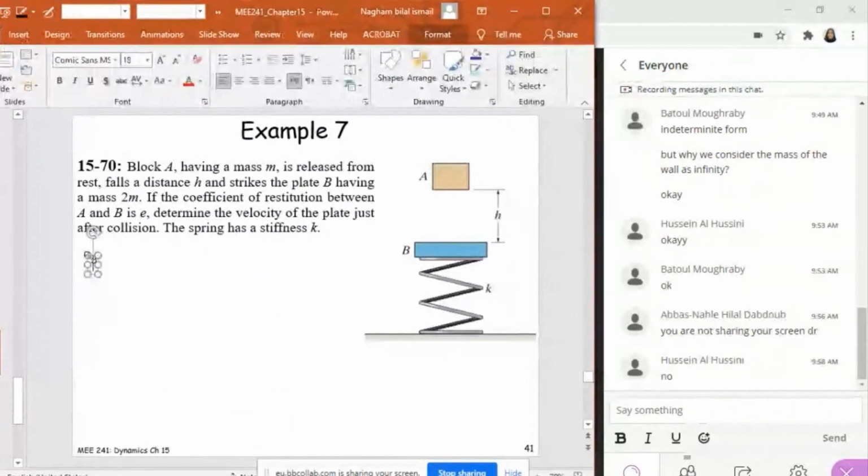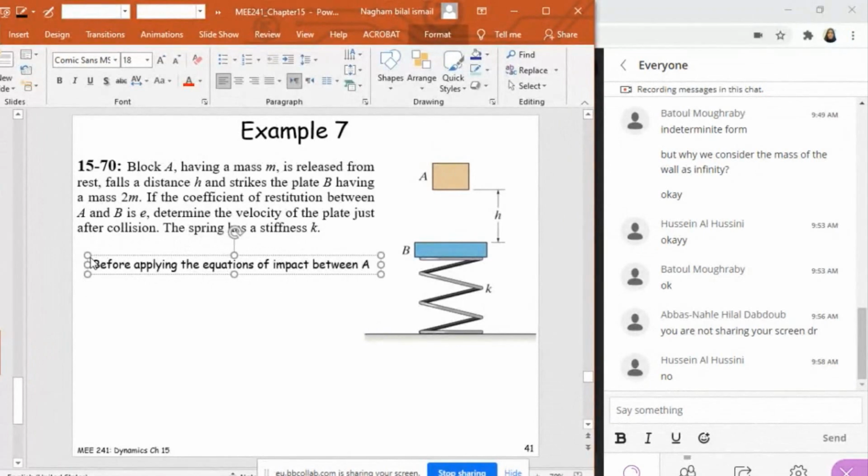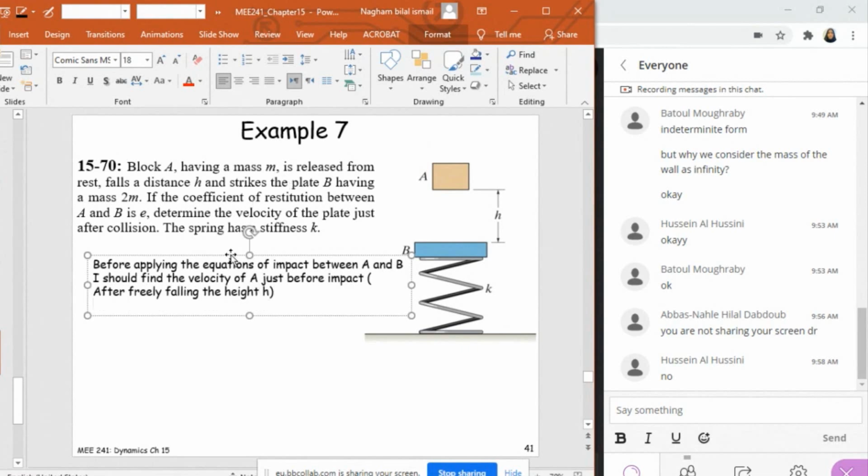All right, so guys, before applying the equations of impact between A and B, and in fact this is a central impact, I should find the velocity of A just before impact, which means after really falling the height H. How, guys?